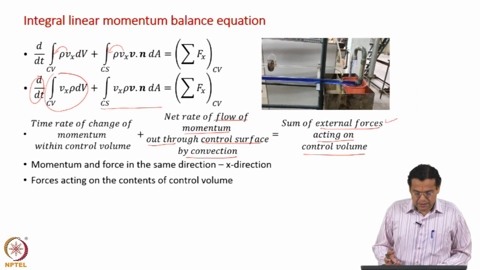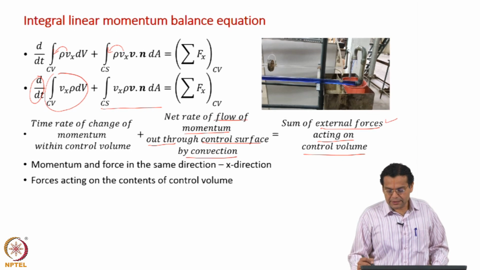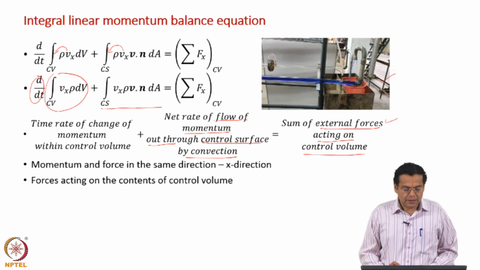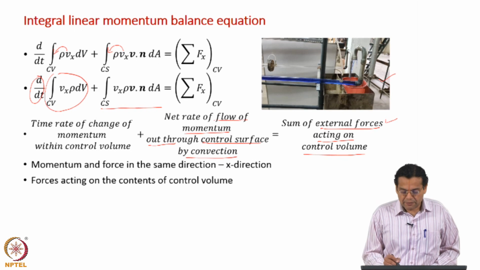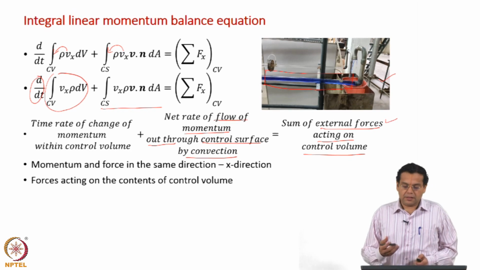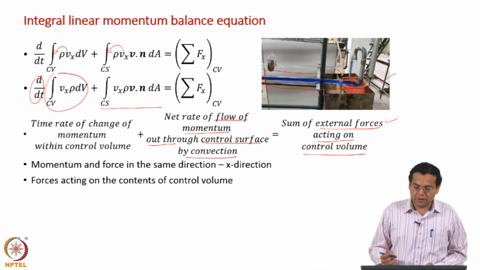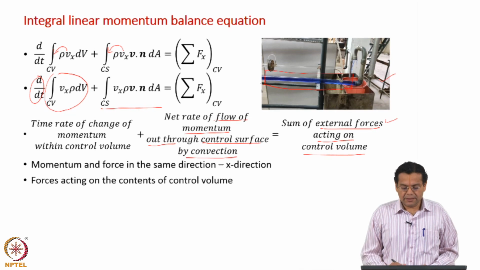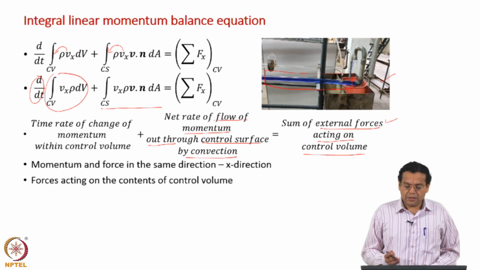Now, we have looked at this experimental setup with the control volume. Our control volume was something like this. Earlier we looked at the control volume and accounted for mass in and mass leaving. Now we use the control volume to do a momentum balance.